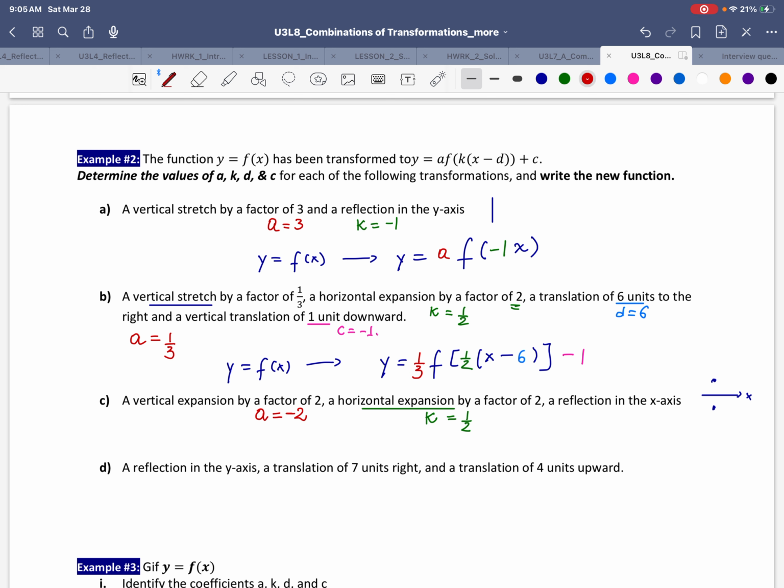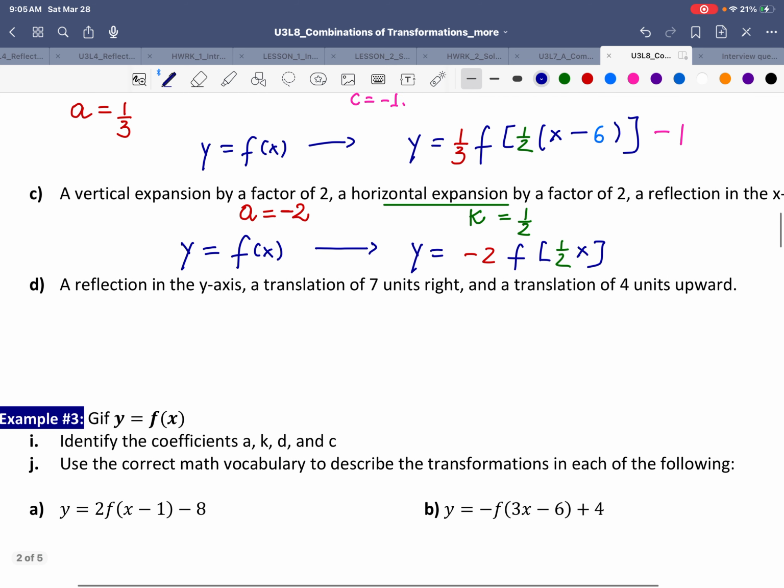And the equation of this transform function from y equals f of x, which is the parent, will become y equals -2 for a, and then f of 1/2 of x. Close brackets. Next, we have a reflection in the y-axis.